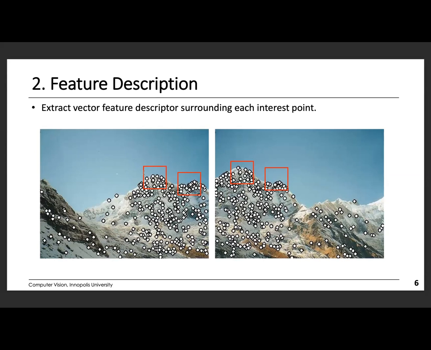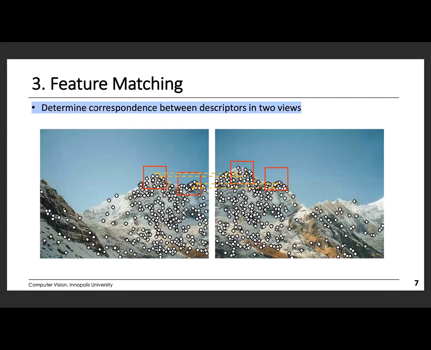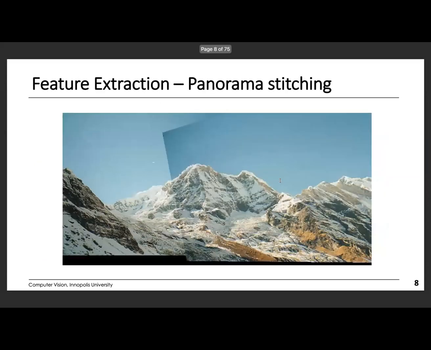So in cases of changes in illumination or stuff like that, we might still get a feature that is similar in here and in here without the pixels having to be a 100% match. Once we do that, we determine the correspondence between the descriptors in the two views. As we said before, these points are similar to this location, and these points are similar to this location. That makes it very easy to put them on top of each other using some sort of an algorithm.